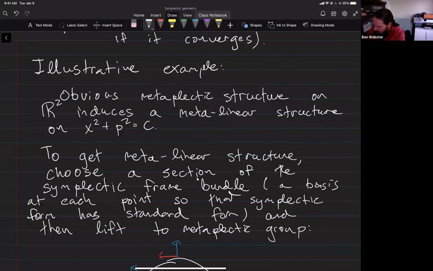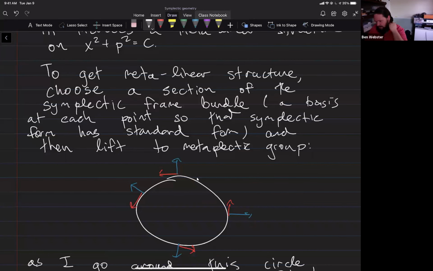But the way to think about this is, as you go around this circle, you want to keep trivializing the tangent space of the symplectic manifold, choosing a basis symplectically, in such a way that one of your vectors always points along this circle.